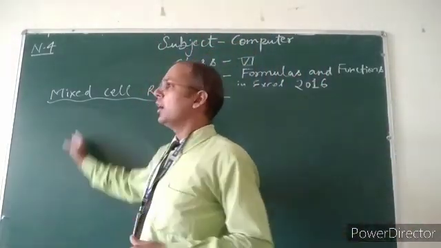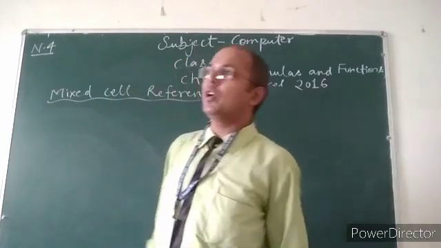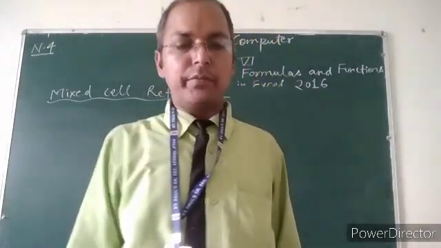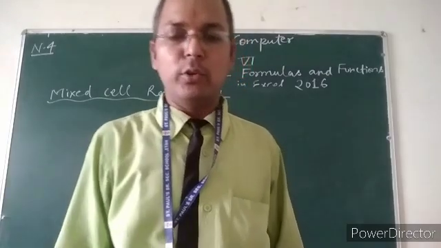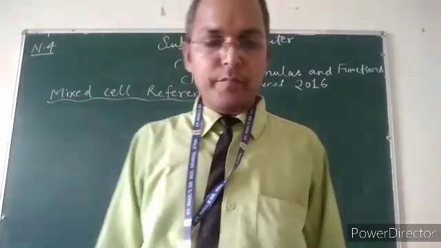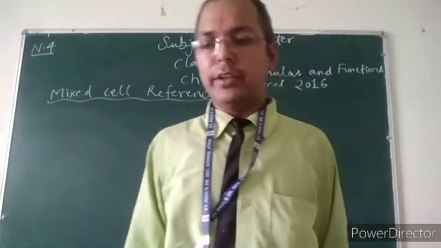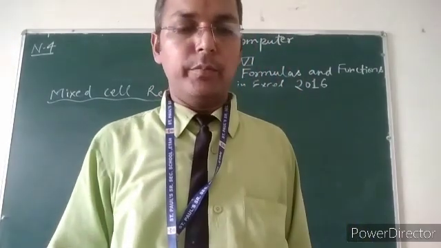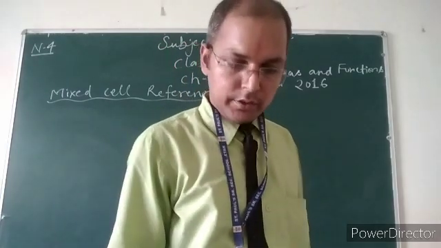Both kinds of reference are involved, and for this reason we call it mixed cell reference. Mixed cell reference is the combination of relative and absolute cell references. In this, either the row or the column remains constant.